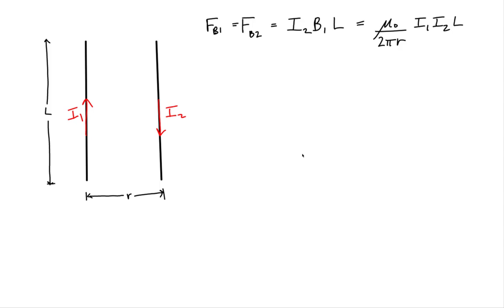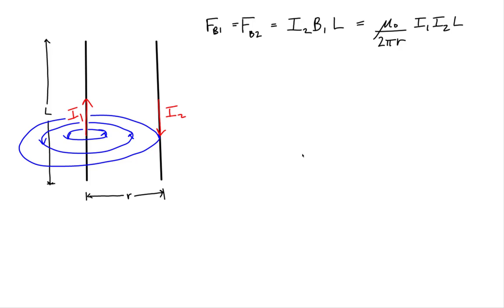So from part A, we already applied the right-hand rule. And when we applied the right-hand rule, we saw that the magnetic field lines form concentric circles around the current producing the magnetic field. And these concentric circles have a certain orientation given to us by the right-hand rule.